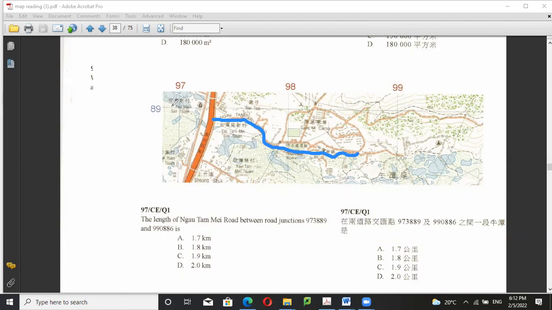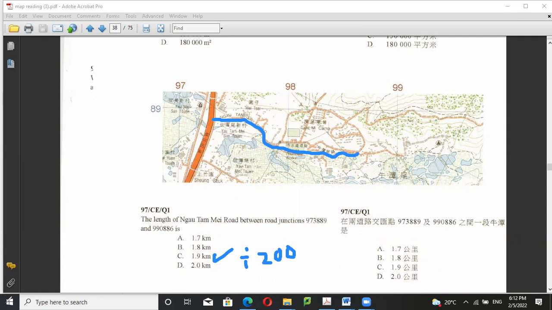wait a minute, checking the answer. I think it should be, let's see, C, it says 1.9 kilometers. Then what you should calculate here is, if this one is the right answer, then you're going to divide by 200.